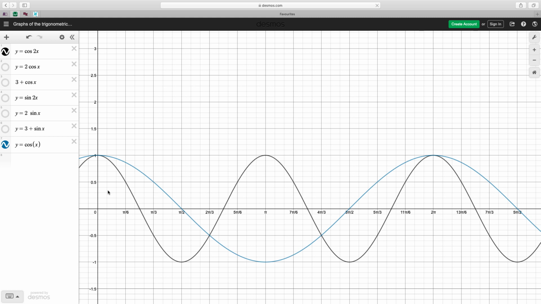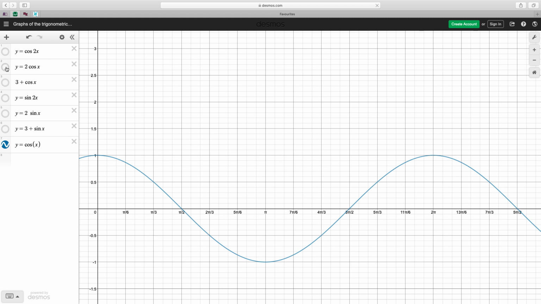And then we look at 2 cos x. And remember what 2 cos x is going to affect? The range. It's the exact same period here, it goes through 360, but the range goes from 2 down to minus 2.